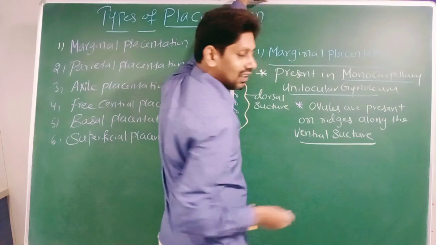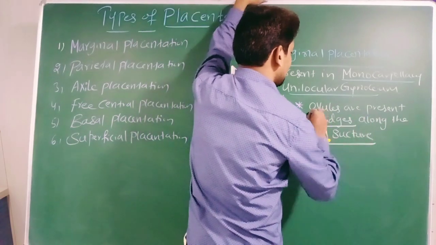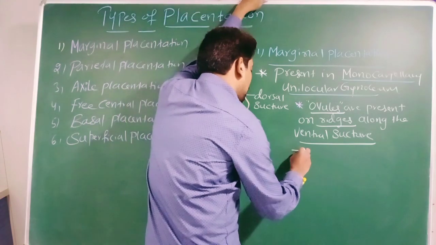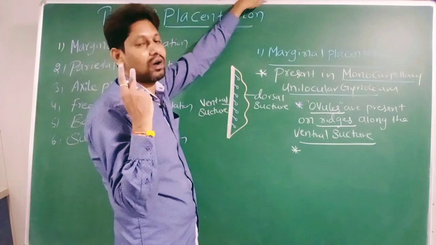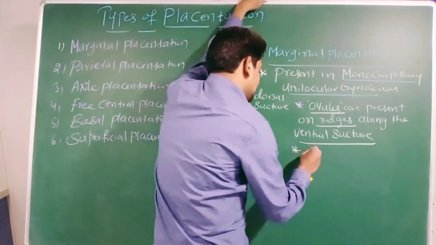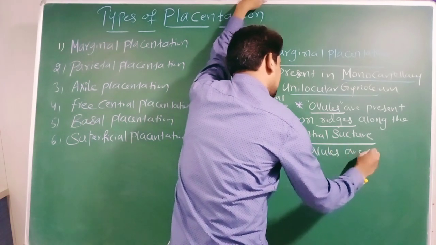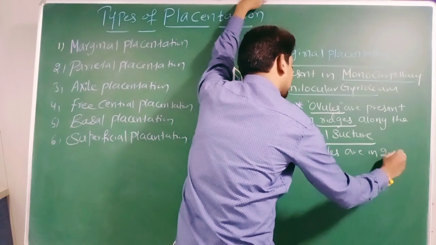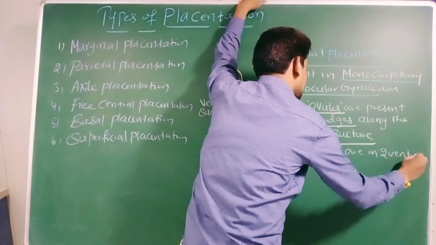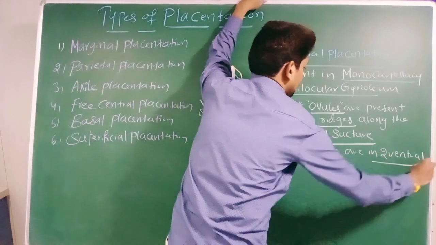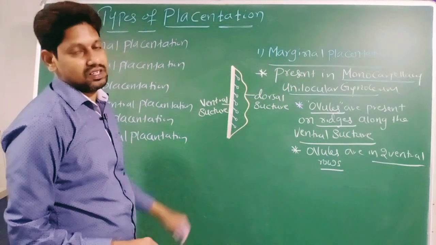Here the ovules are arranged in two vertical rows, right? Ovules are in how many vertical rows? Two vertical rows.